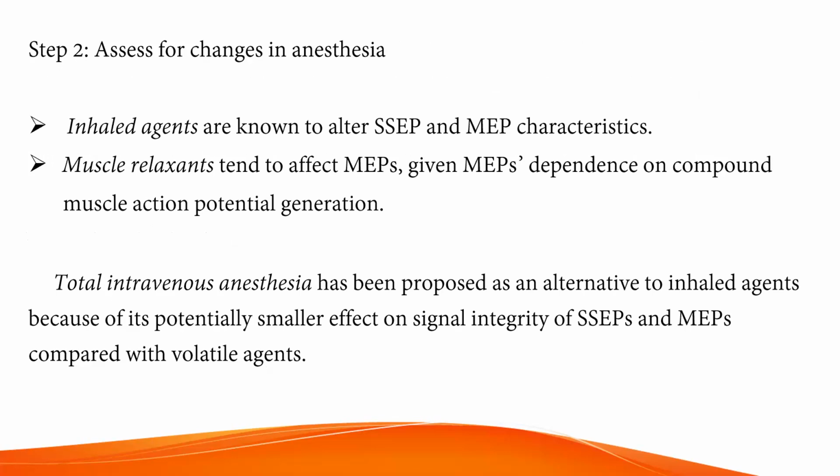Inhalation agents are known to alter SSEPs and MEPs, and muscle relaxants affect the MEP reading. So total intravenous anesthesia is proposed as an alternative to inhalation agents because of its potentially smaller effect on signal changes in SSEP and MEP. Usually propofol and ketamine are preferred.